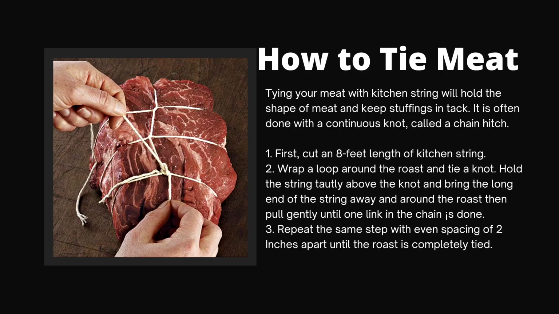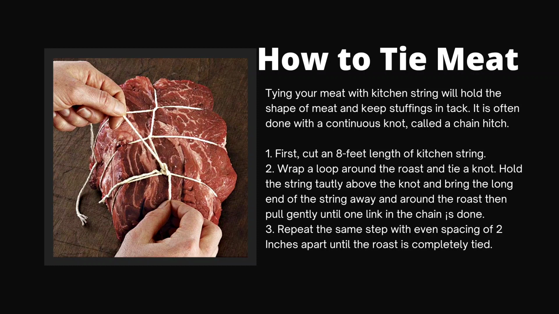How to tie meat. Tying your meat with kitchen string will hold the shape of the meat and keep stuffings intact. It is often done with a continuous knot called a chain hitch. By tying our meat, the filling that we put inside the meat will stay intact. First, cut an 8-foot length of kitchen string.